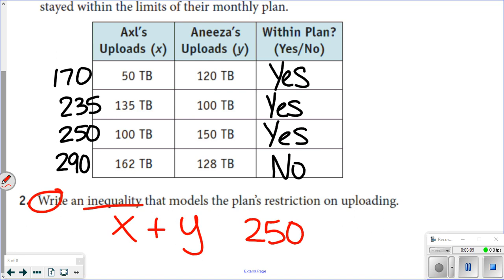Could we be exactly equal to that? Could I be greater than that? Could I be less than 250? So Axel and Anisa, X plus Y, could be less than or equal to 250. So that is our inequality sign. Less than or equal to 250. So no longer equations or equal signs.